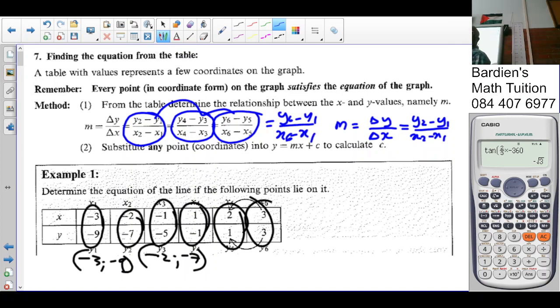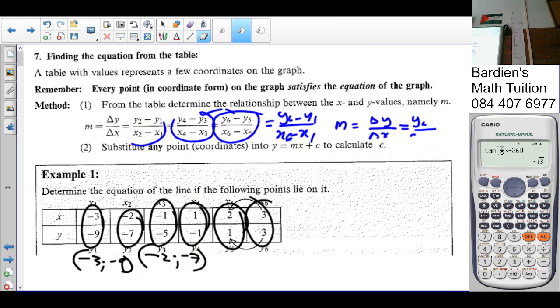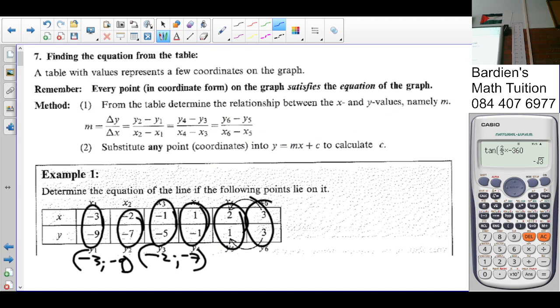You understand? Or I could have said y5 minus y2 over x5 minus x2, and so on. You have to see the application of it. Write down that the gradient is equal to delta y over delta x, which is y2 minus y1 over x2 minus x1.